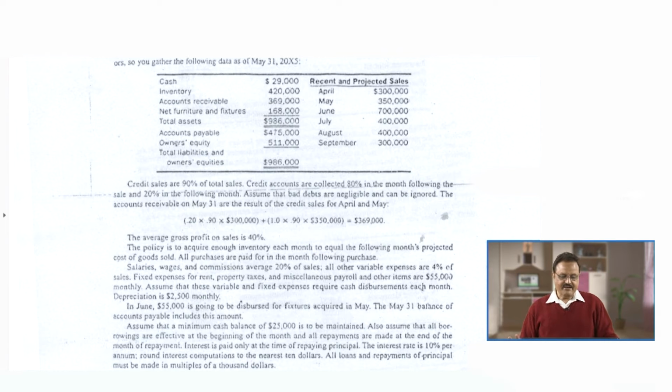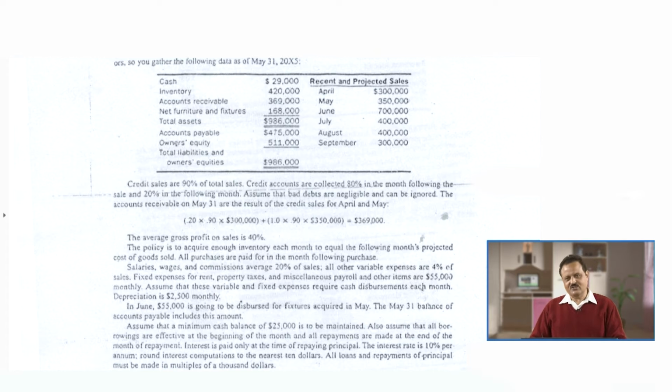It means in the current month, maybe the closing balance for the month of May is 29,000. So you must not touch up to 25,000. Cash will be cash at all times in the bank account to the tune of $25,000.